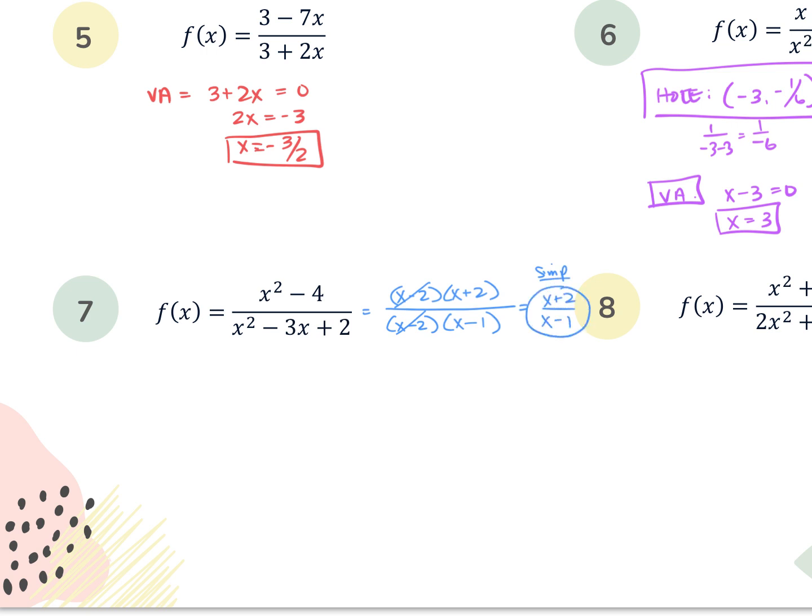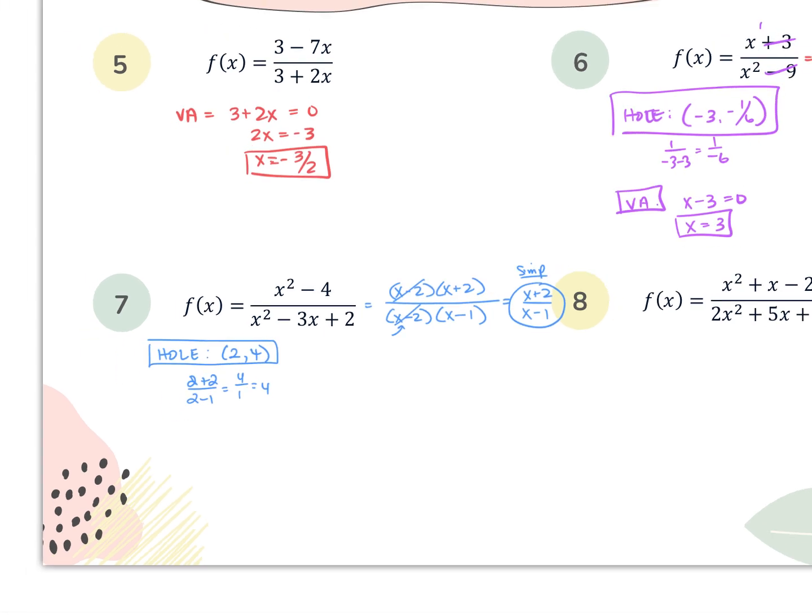And I'm going to use that because I'm going to find the hole. I know the x value of my hole is going to be 2, because if x is 2, my denominator is going to be 0, and I can't have that. So my x is 2, and I'm going to plug that into the simplified version here, and I get 4 over 1, or 4. So when x is 2, y is 4. That's the ordered pair for my hole.